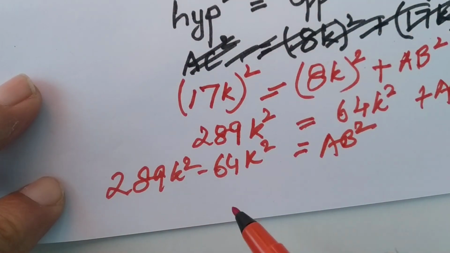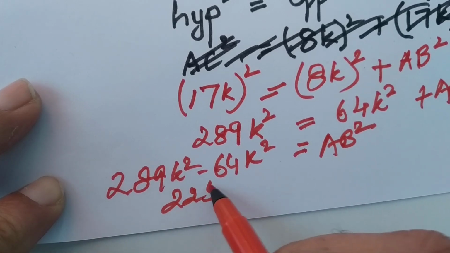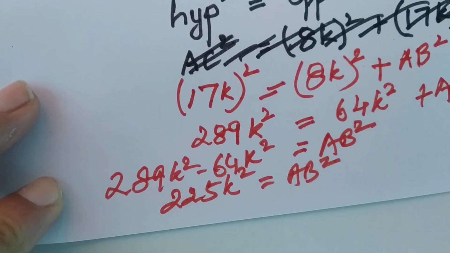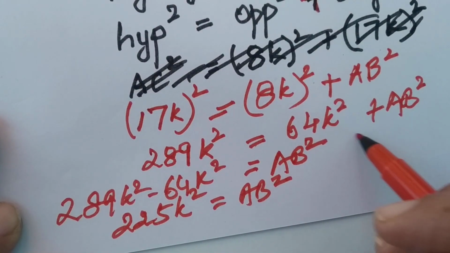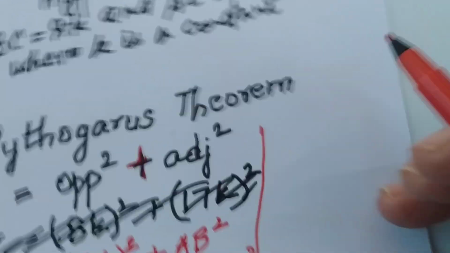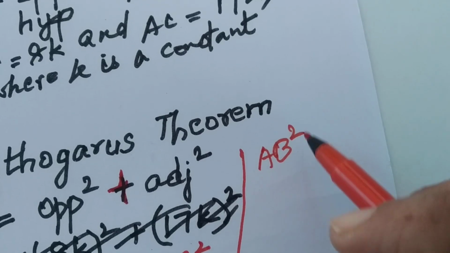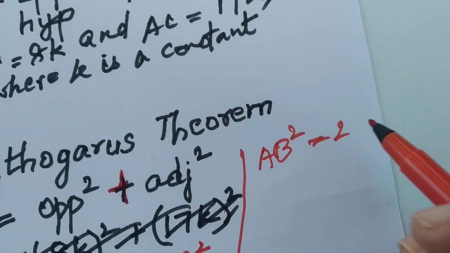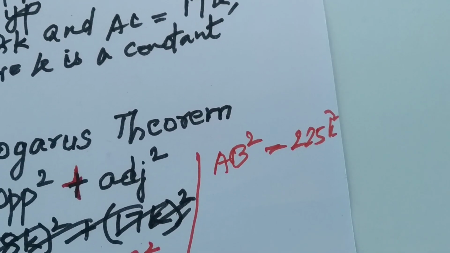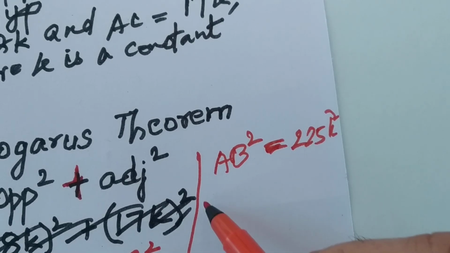That gives 225K squared is equal to AB squared. So AB squared is equal to 225K squared.